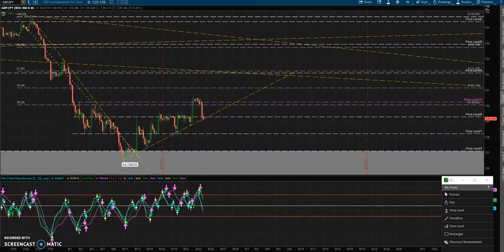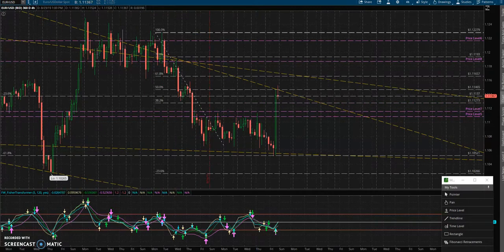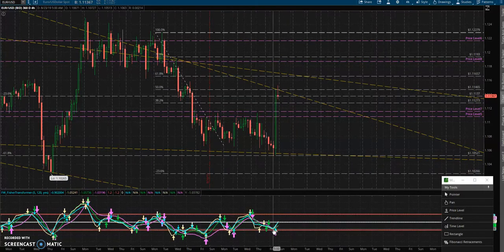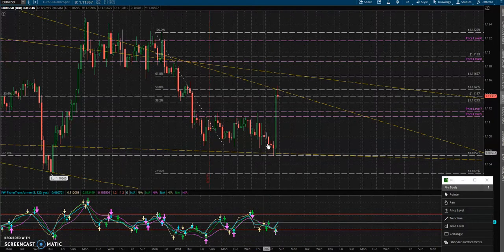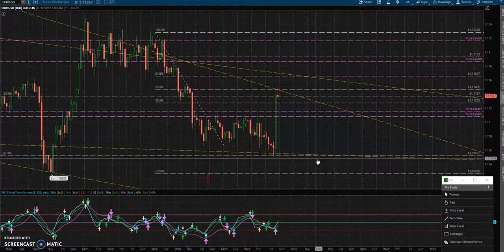But that is my analysis for the week. And then we'll go back to the euro chart. I think there's several good possibilities this week to make some good trades. Just be patient and try to be consistent on the trade and don't rush into any trades.